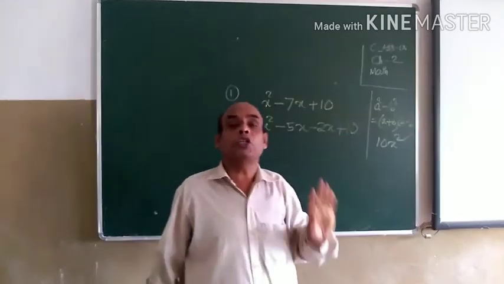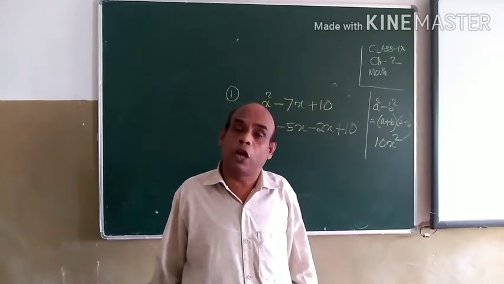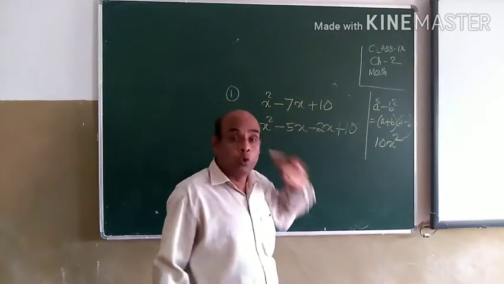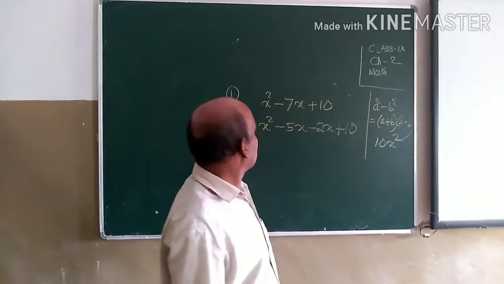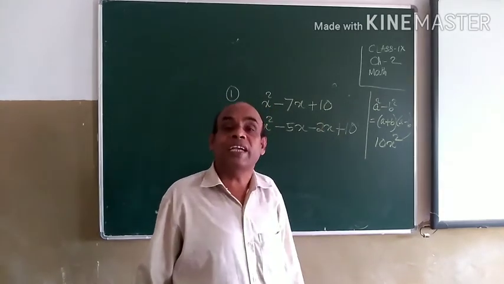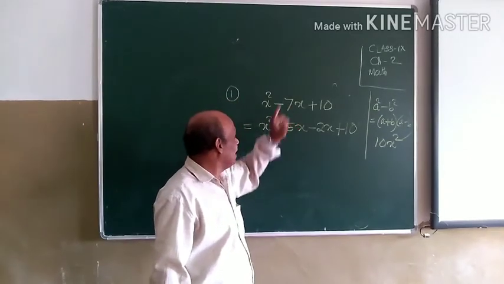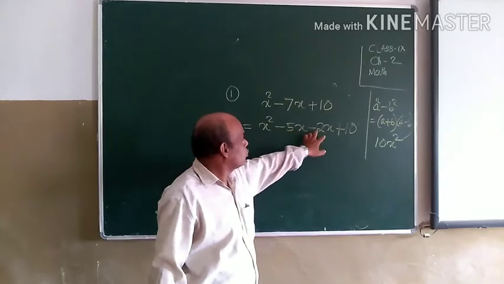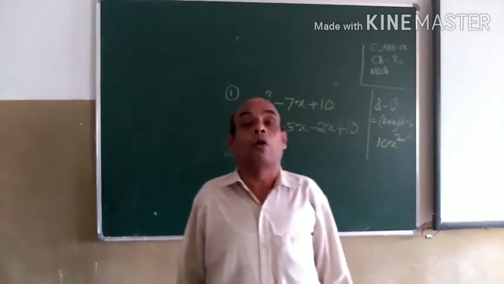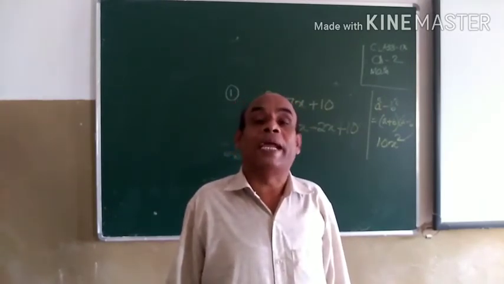This procedure is to be followed. You have to select two terms whose addition result will be the middle one and whose product will be equal to the product of x square into the constant term. So now you see minus 5 minus 2 is minus 7, and minus 5x into minus 2x is 10x square. Therefore, what we wrote already is the middle factor form.